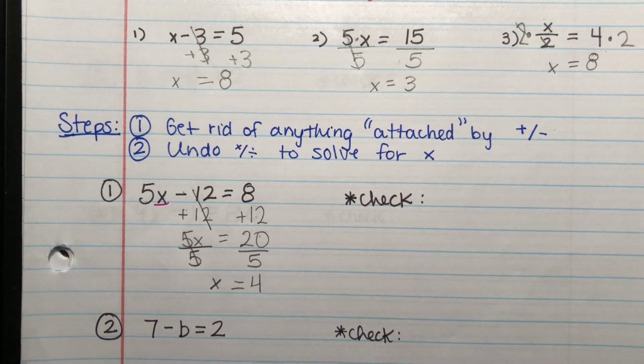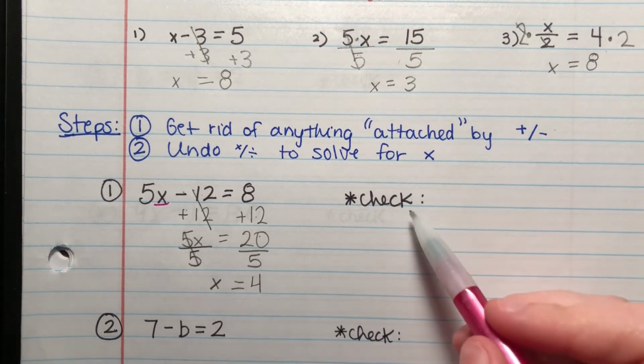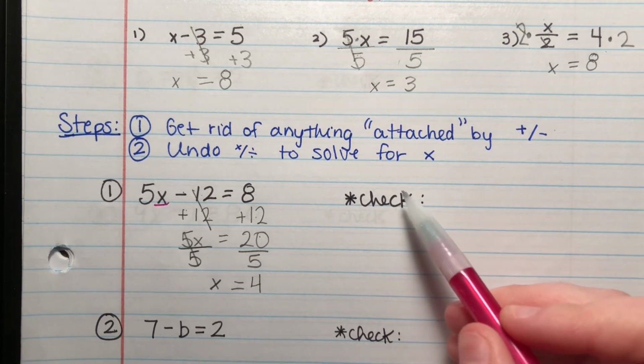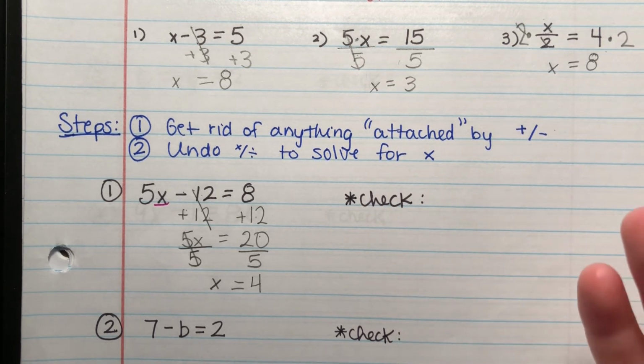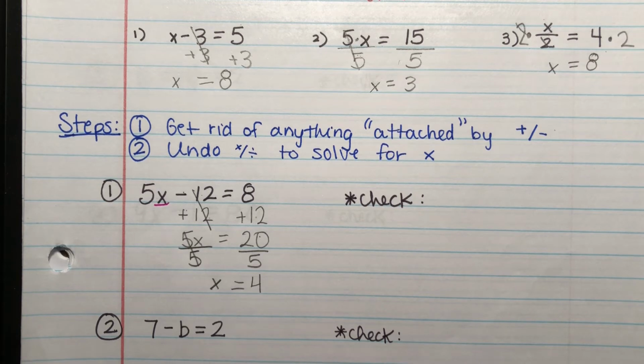Okay, now here's the deal. This is not going to be required at this point, but in the future, if you're doing an equation problem and you're not sure if you got the right answer, you can always plug your x value back in, which I know you guys know how to do, and check your answer. Wherever I see an x, I would plug in whatever x equals.